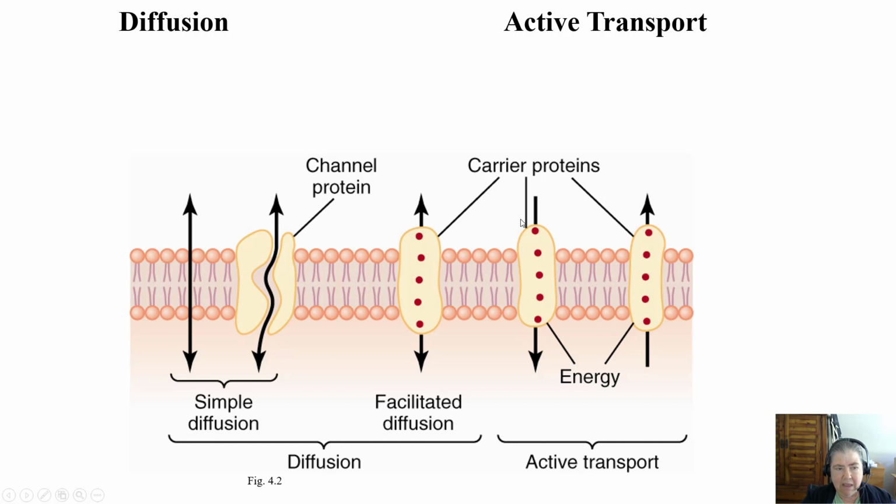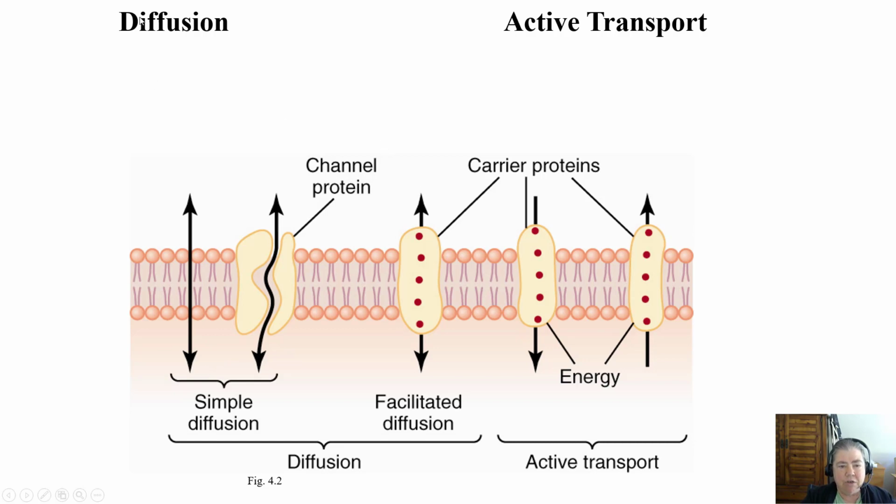Now, things that move through those channels result in simple diffusion, and these are ungated channels. Things that move directly across the membrane by dissolving in it, like gases, that's simple diffusion.